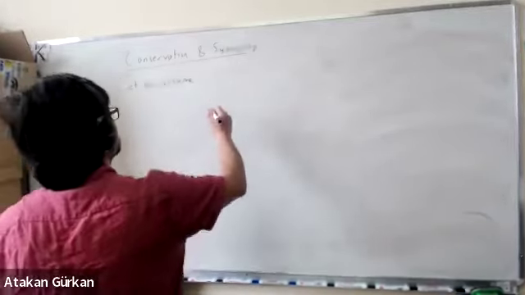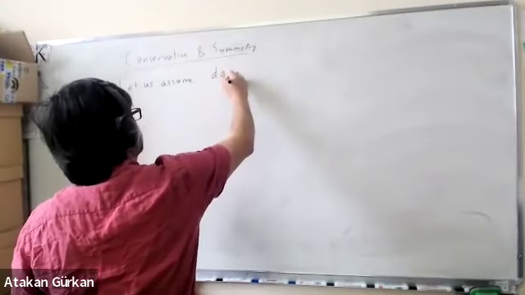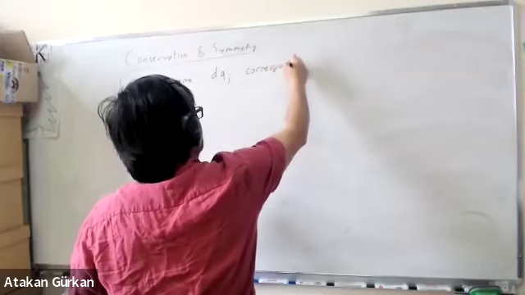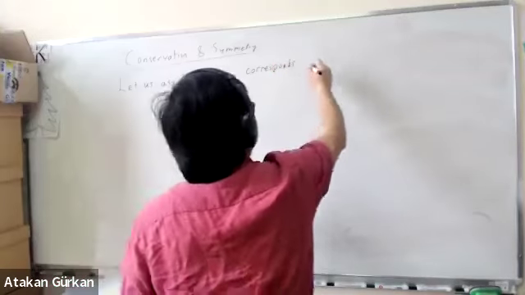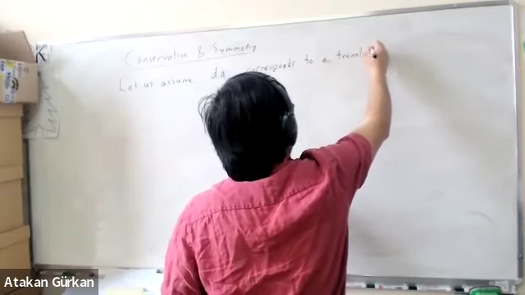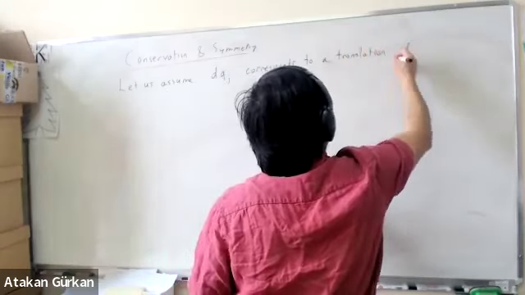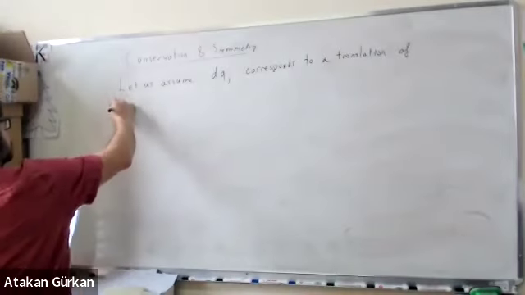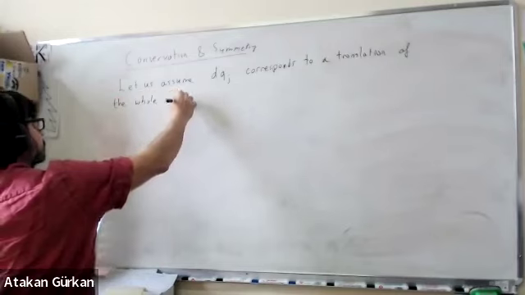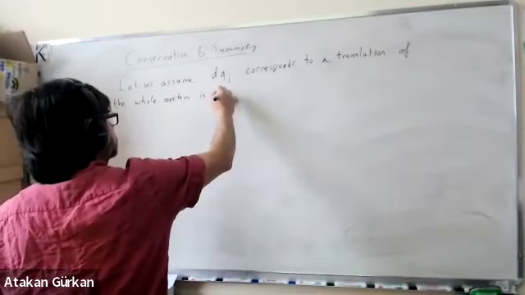So let's assume that the dqj corresponds to, obviously, something infinitesimal, a translation of the whole system in some direction.